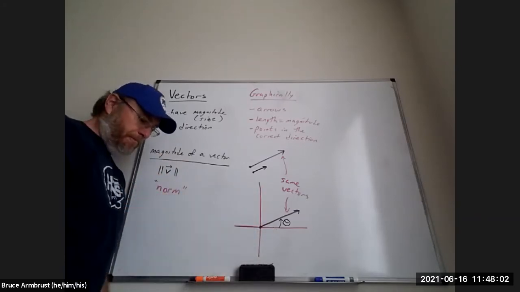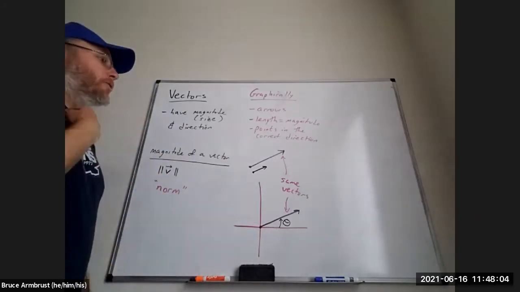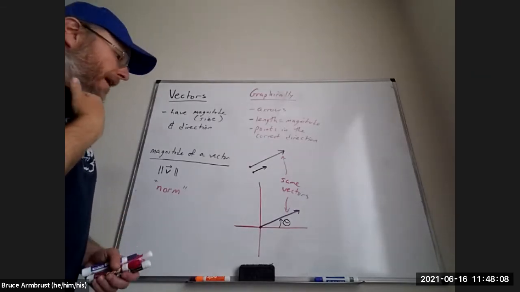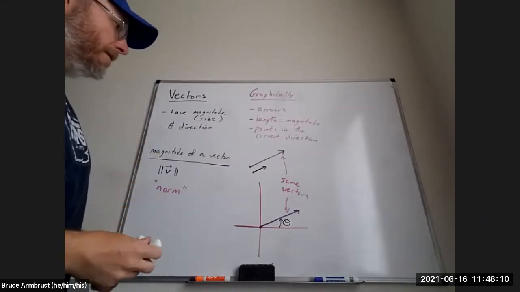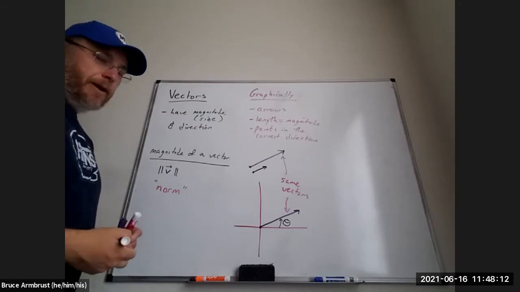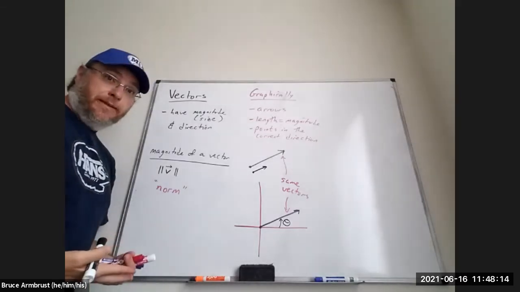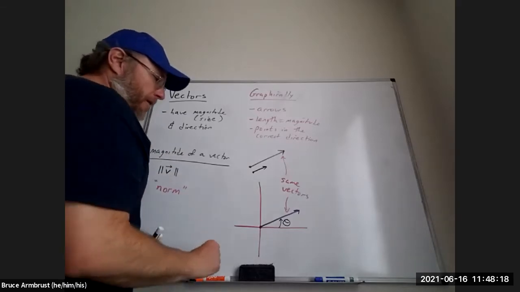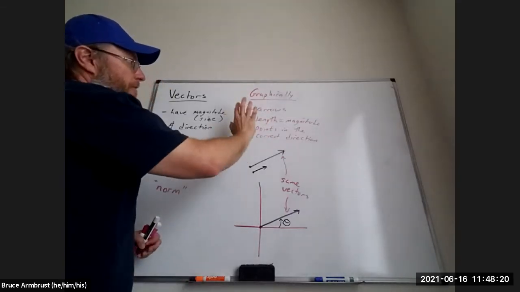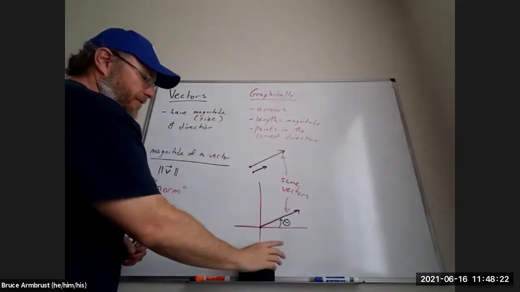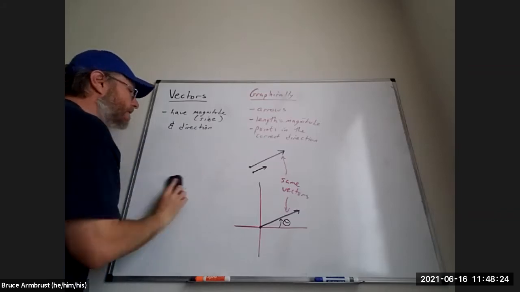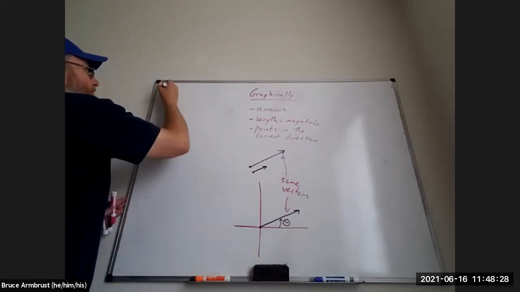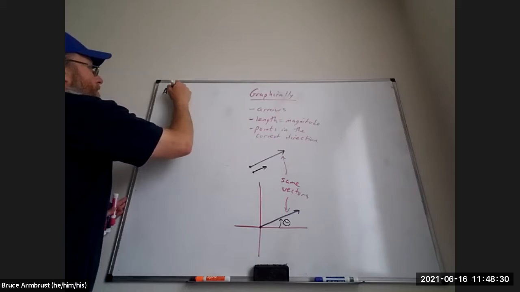Kind of looks like that. So graphically, that's how we represent them. Now, algebraically, what we do is we actually break it into what we call components. And to see how those work, I want to show you first how we do operations on these graphically. So let's do this. Let's say you want to add vectors.